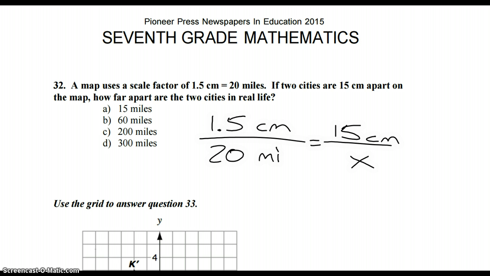Alright, and you could do a fish method. You could do a cross multiply divide here, but I would just look at, okay, to get from 1.5 to 15, I could multiply by 10, meaning I can get X by multiplying 20 by 10, which is 200. So 200 miles is what we're looking for on that one. So again, lots of different ways there.